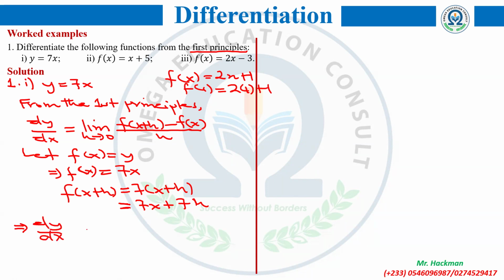I'm going to substitute. It will be equal to the limit as h approaches 0 of your numerator, which we said is f of x plus h, and that is what? 7x plus 7h. Do you agree, my professors? Yes, please. Minus f of x, which is 7x.